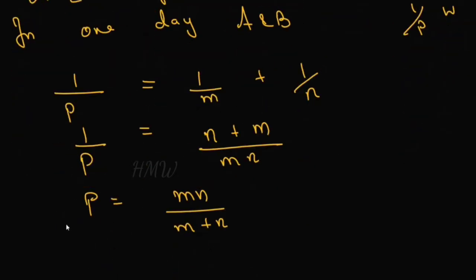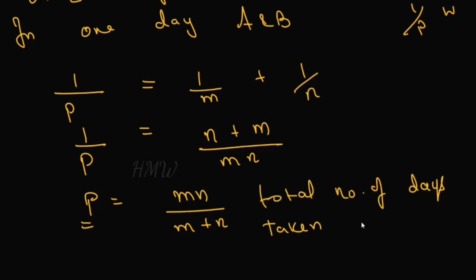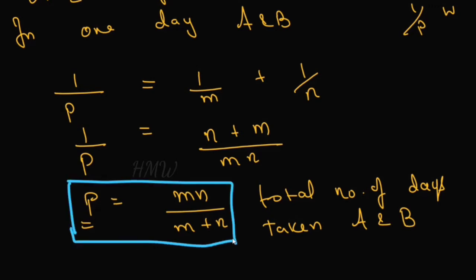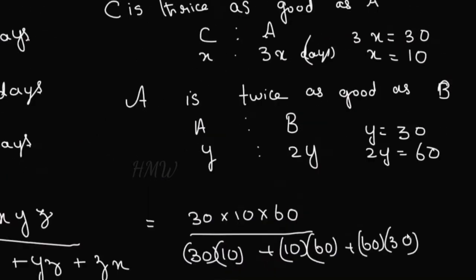So the number of days taken by A and B together is P. If they work together, the number of days will be P is equal to Mn by M plus N. So the formula to find P, the total number of days taken by A and B together, is Mn by M plus N. With this we move on to the exercise now.